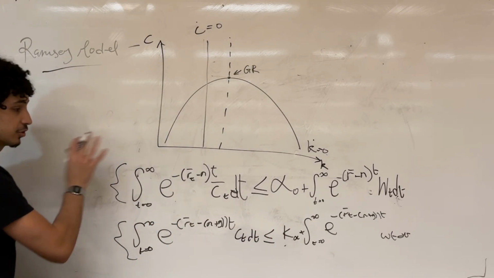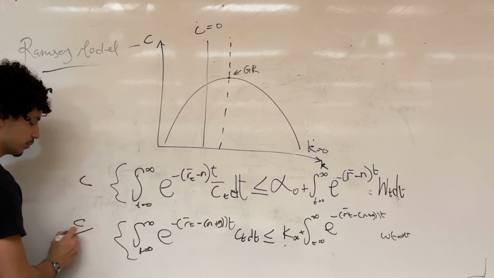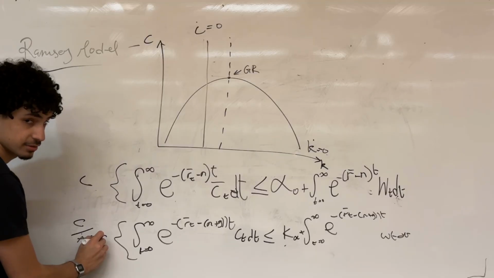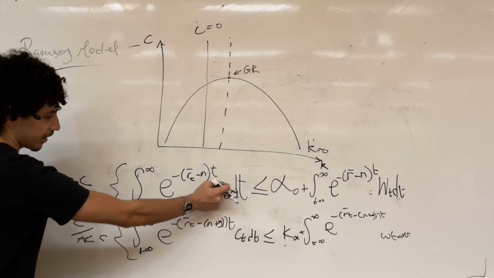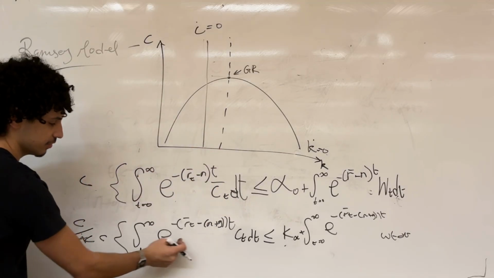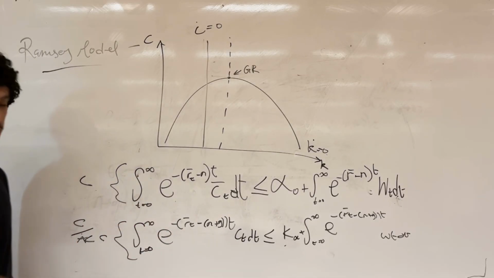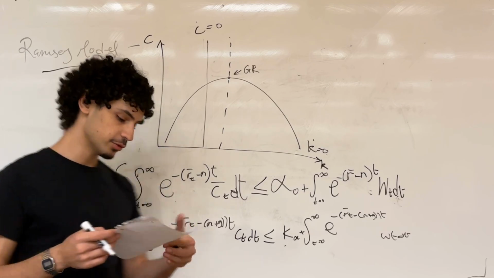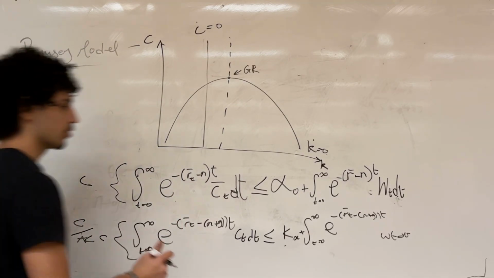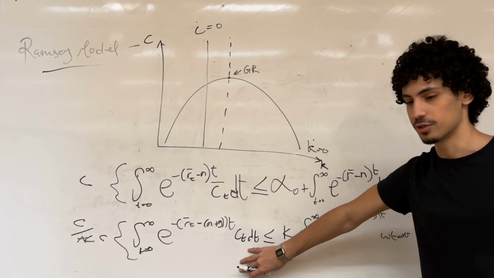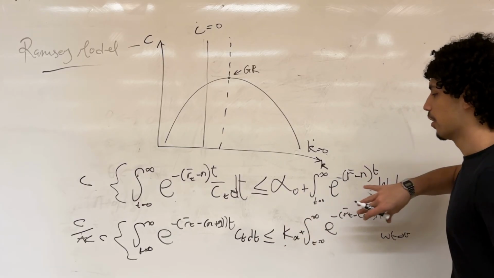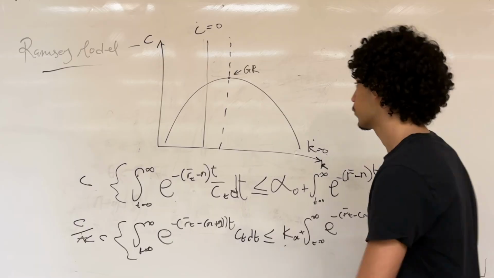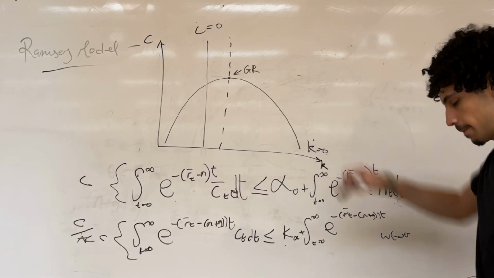This is consumption per AL, as in small c, where the line over the C shows it's a bigger C. This having no line shows it's a smaller C. And that follows the same thing that we have, the per unit of effective labor. It's the same thing here. Sorry, this isn't the budget constraint. This is the resource constraint when the variables are over AL, which is what we're modeling here.